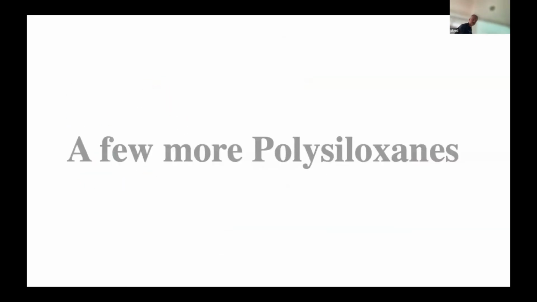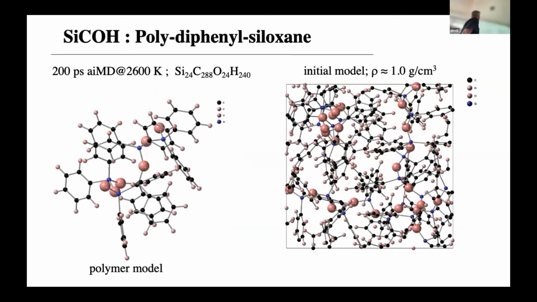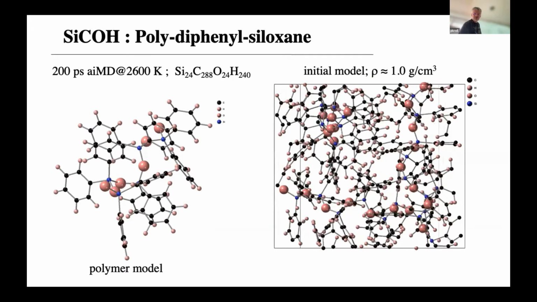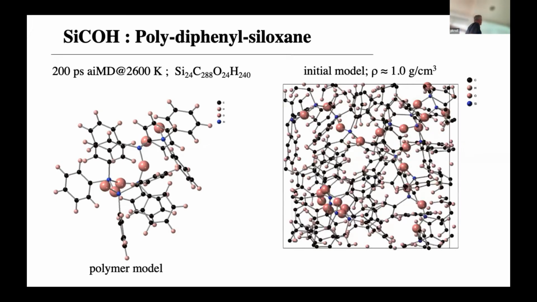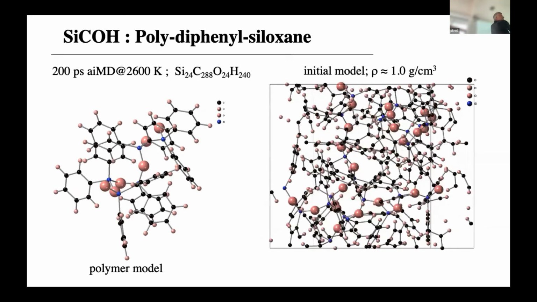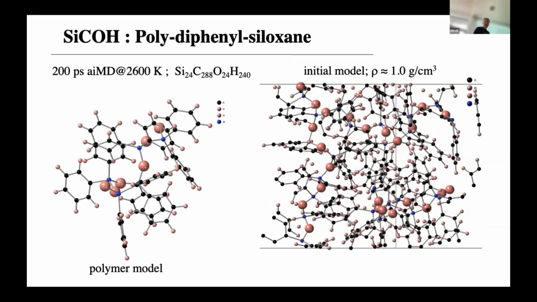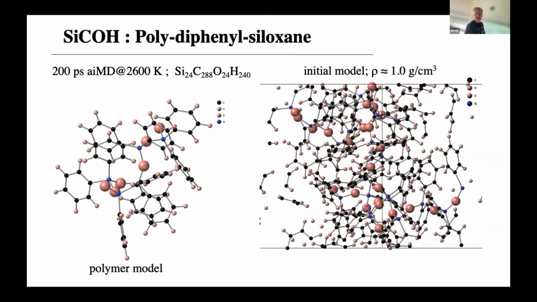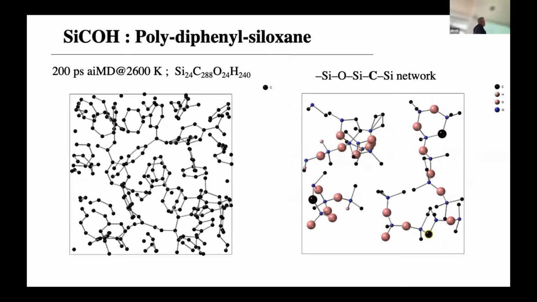A few more polysiloxanes. We made simulations here with this polydiphenyl siloxane, and I do not want to bore you too much about this model where I usually say you don't see much of a detail there, only that it's nicely rotating. However, in these simulations, we see the beginning of the linking between those benzene groups or phenyl groups, essentially.